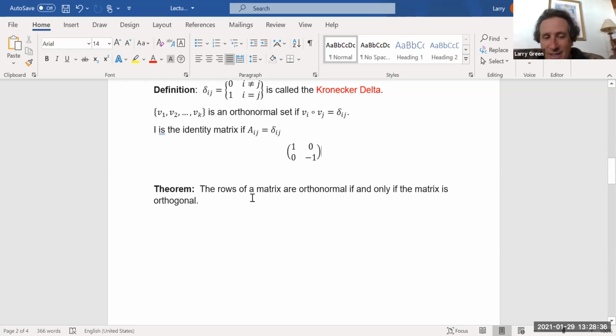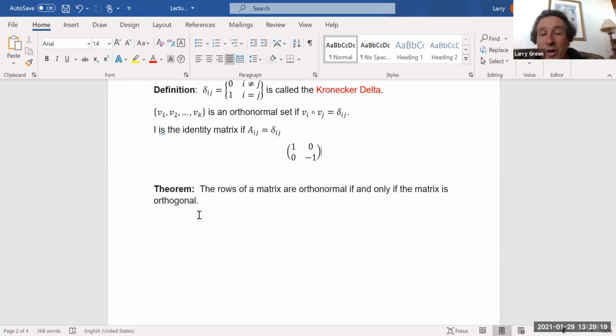But here's what you can say, because it's a theorem that's next. If we have a matrix, the matrix has its rows orthonormal if and only if the matrix itself is orthogonal. Why does that not immediately come from the definition? How is the definition of an orthogonal matrix different than just the rows being orthonormal?